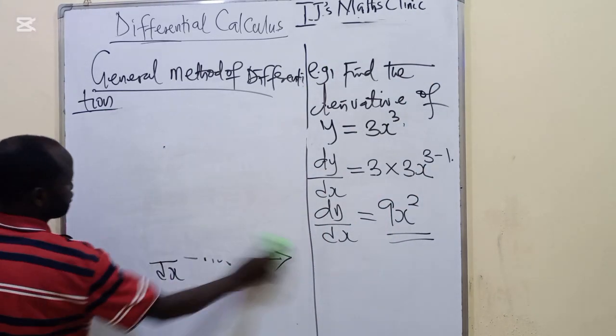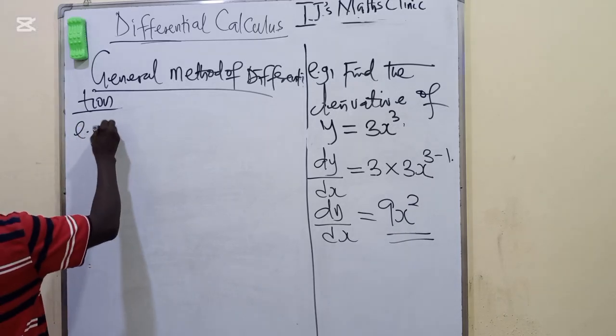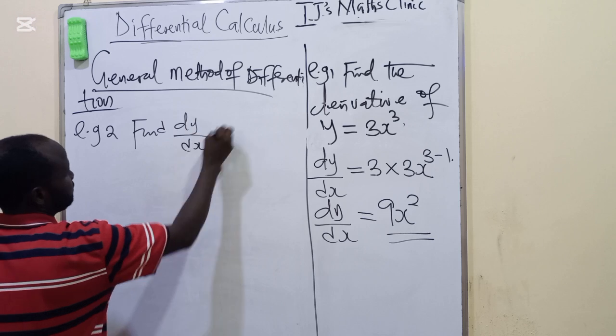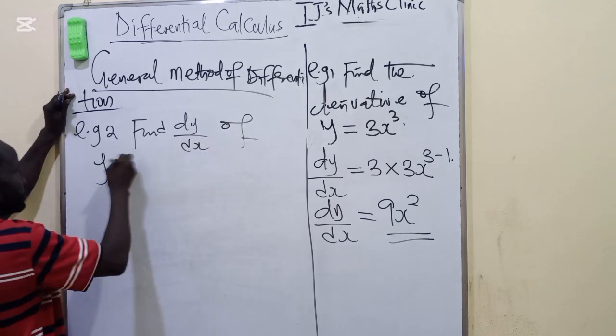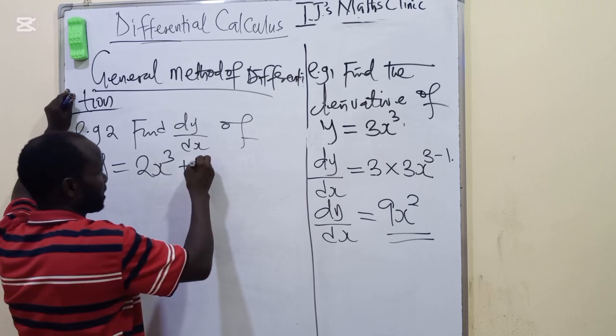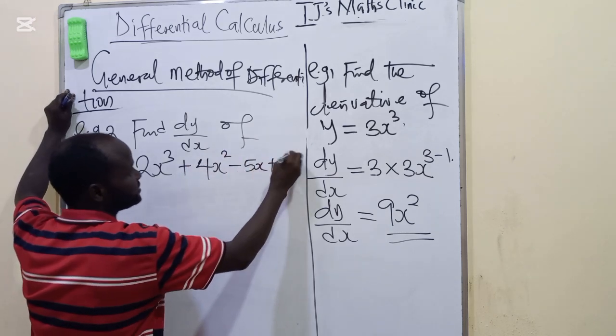Let's look at another example. Example 2. Suppose we are asked to find dy by dx of y equals 2x cubed plus 4x squared minus 5x plus 6.